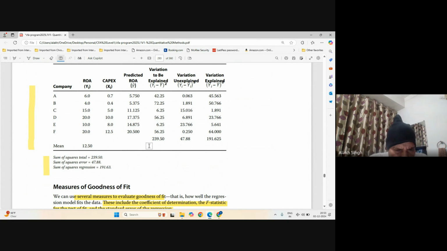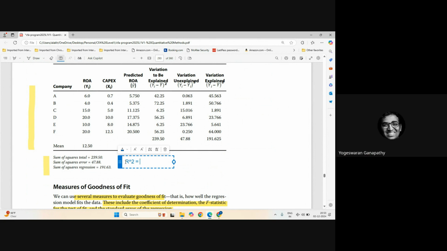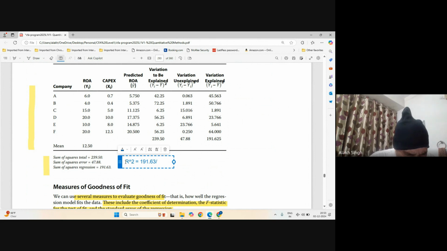Before looking at the answer, here are the total sum of squares, the sum of squares of error, and the sum of squares of regression. Looking at this information, what will be your R square and F? R square would be 191.63 divided by 239.5. Very good. How much does it come to?